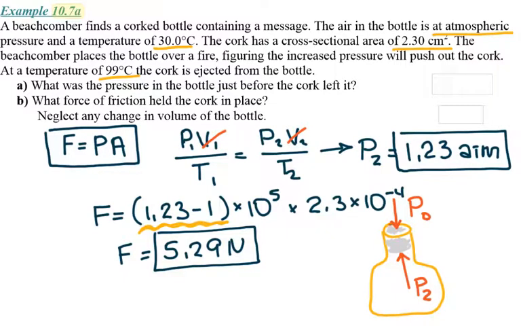So the actual pressure that the cork is going through is the difference of these two pressures. It's 1.23 atmospheric pressure minus 1 atmospheric pressure, and atmospheric means 10^5, so my force is equal to 5.29 newtons.